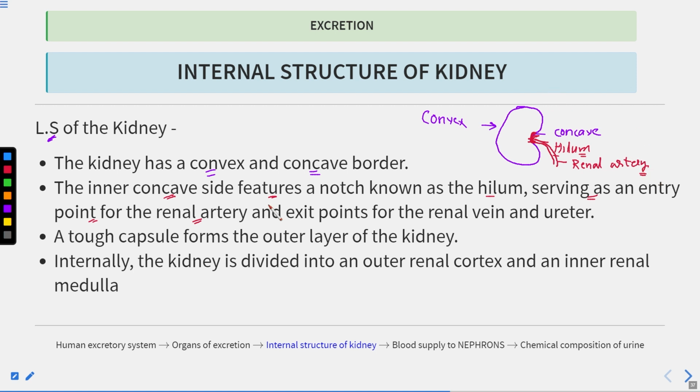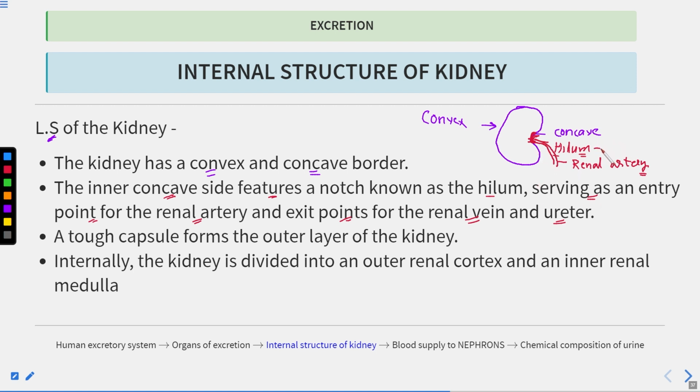This I've already explained to you. And it is also an exit point for the renal vein as well as the ureter. So the ureter also arises from here, as well as the renal vein. The renal vein, I've already told you, carries deoxygenated blood from the kidney towards the heart.